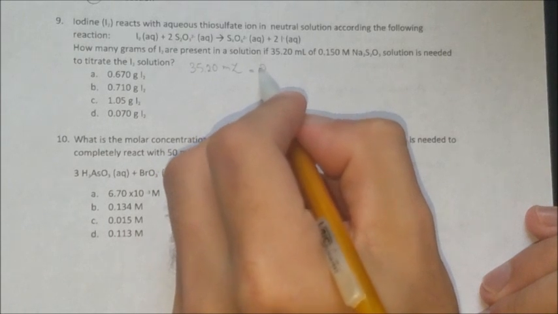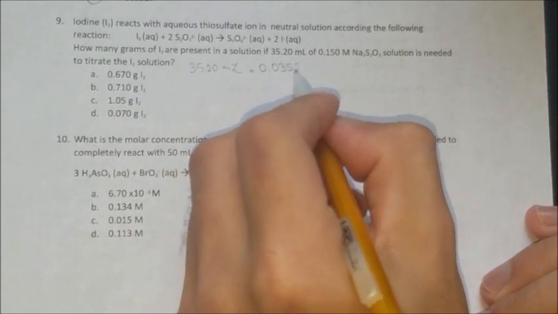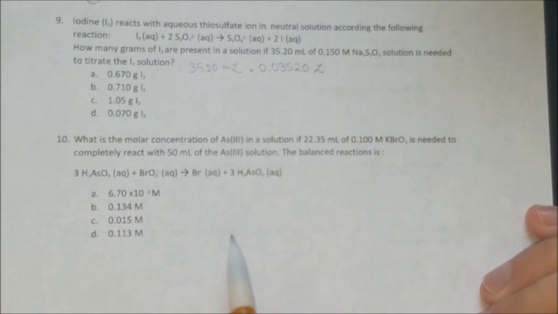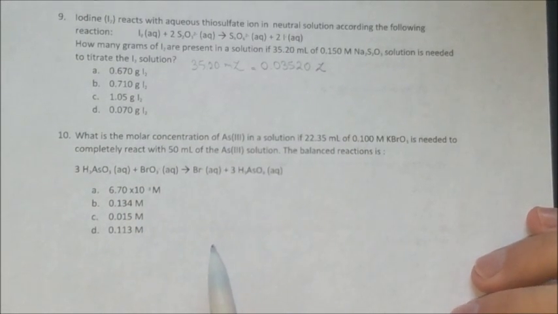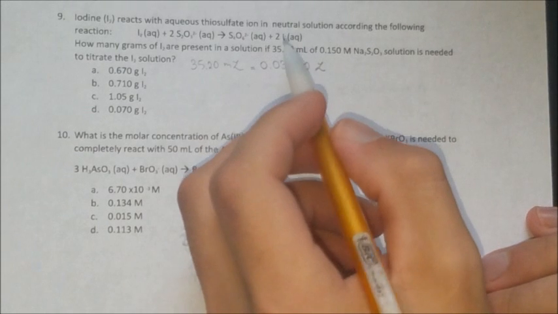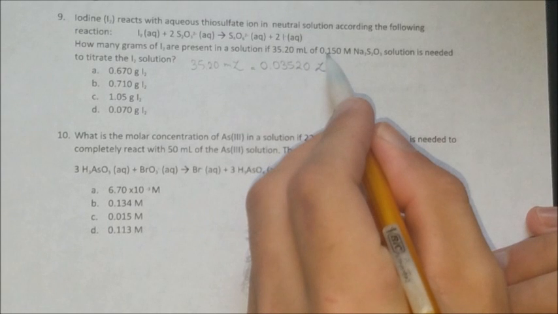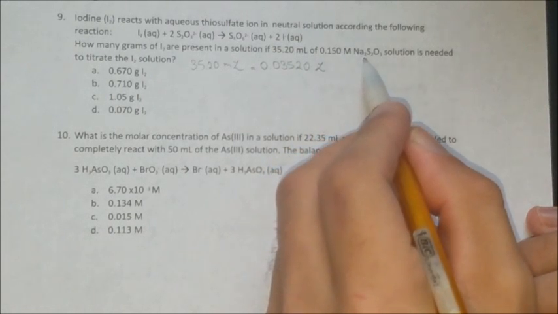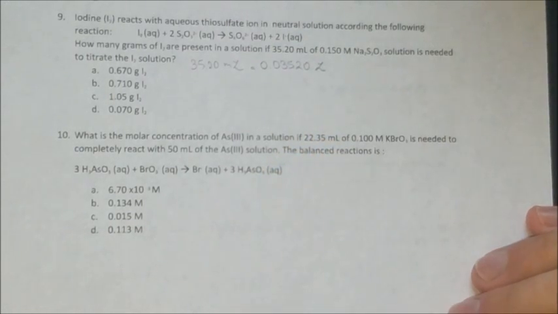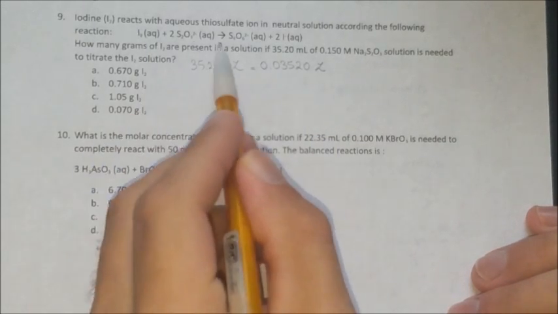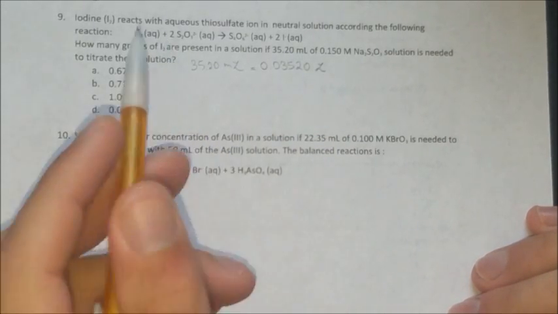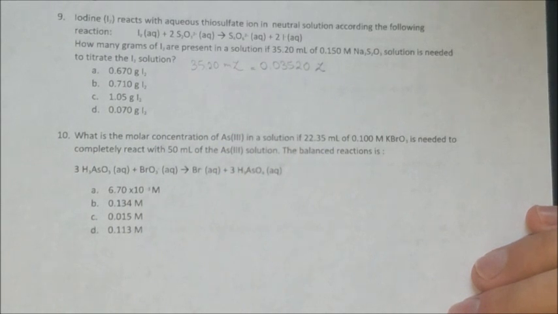Let's convert that into liters, and we'll see why that works out nicely. So that's how many liters of the sodium thiosulfate we needed. We used a solution of 0.150 molar sodium thiosulfate. If we're given a chemical equation like this one, where we have mole-to-mole ratios, it's very nice to bring everything into moles. Thereby we can use these mole-to-mole ratios to convert from thiosulfate into iodine.